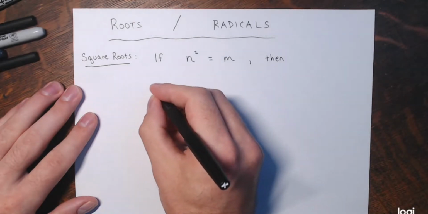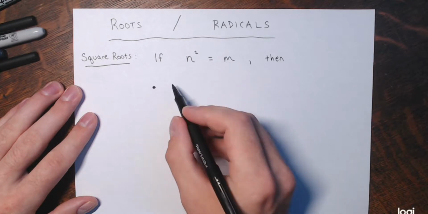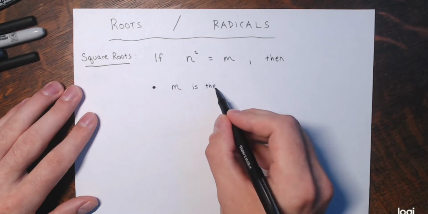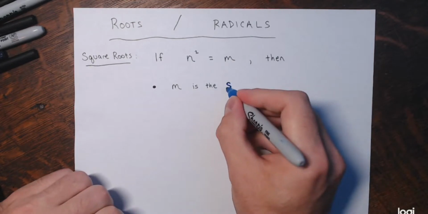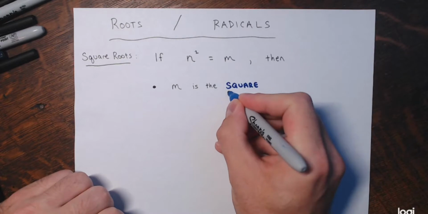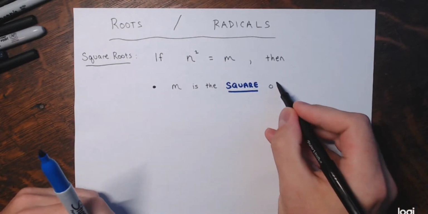One, we would say that m is the square of n. M is the square of n.